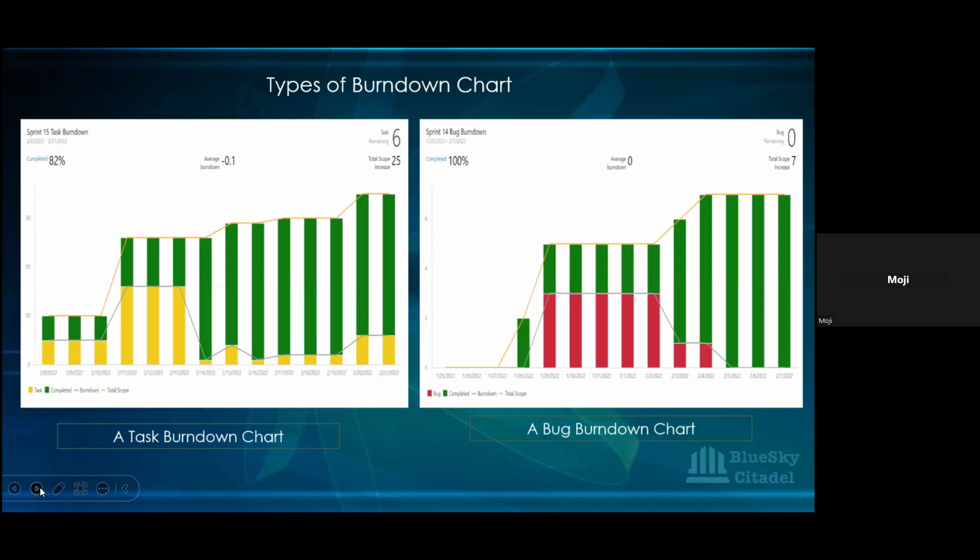Like I said earlier, you can create a task burn down chart and a bug burn down chart, and you can see those here. We picked sprint 15 again, and we can see that 82% of the tasks were completed. The average burn down is minus 0.1.